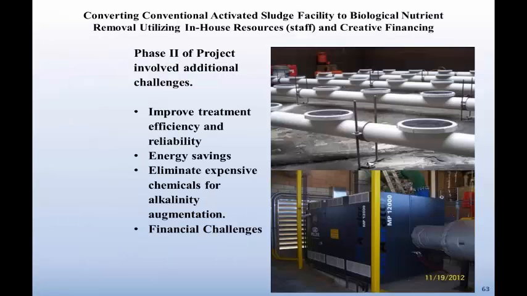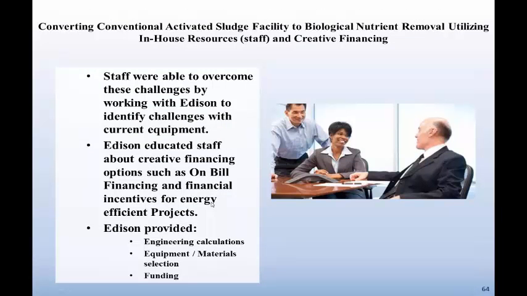Phase 2 of the project involved additional challenges, obviously to improve treatment efficiency and reliability. We focused a lot on energy savings, eliminated chemicals for alkalinity augmentation, and then we also had financial challenges. How do we do this? So what we did is we met with Southern California Edison, our electrical provider here in Southern California. And Edison educated staff here on creative financing options such as on-bill financing and financial incentives for energy efficient projects.